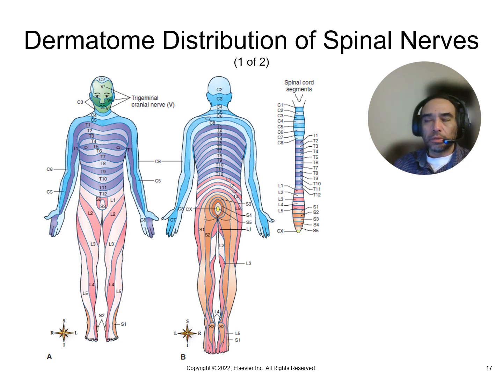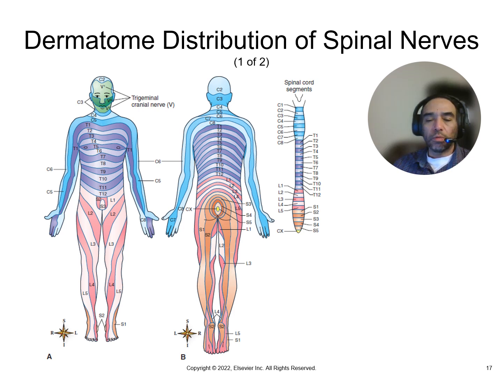Referred pain. This is an interesting one. Understanding dermatomes will help explain what's called referred pain. This is where you perceive pain in one location, but the actual source of the pain is in a different location. If you see the image there, you've got those dermatomes and you've got sensation going from one part of the upper limb all the way across the chest, the thoracic region, all the way across to the other limb.